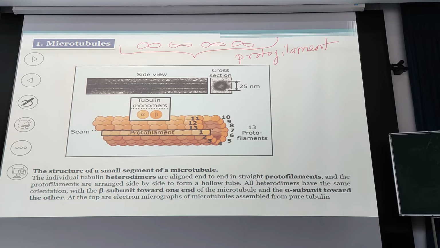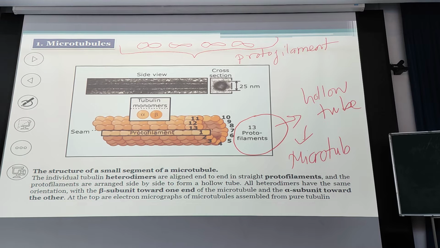Thirteen protofilaments make a hollow tube, which we call the microtubule. They form this hollow tube with a diameter of 25 nanometers.